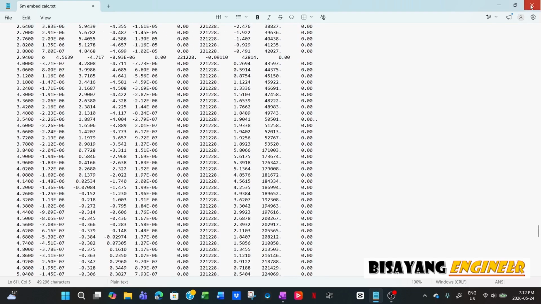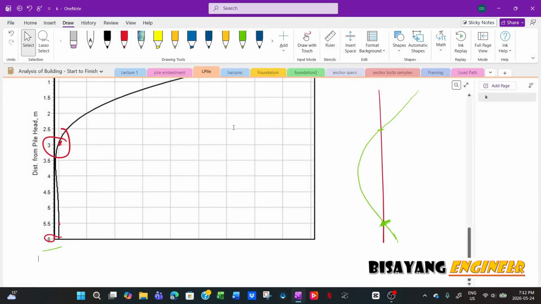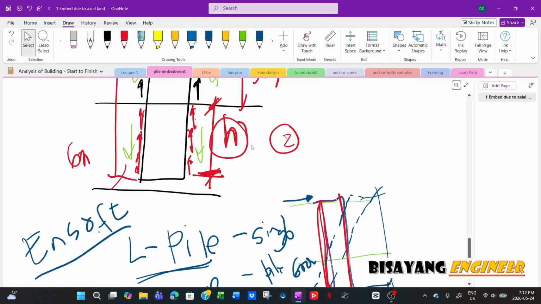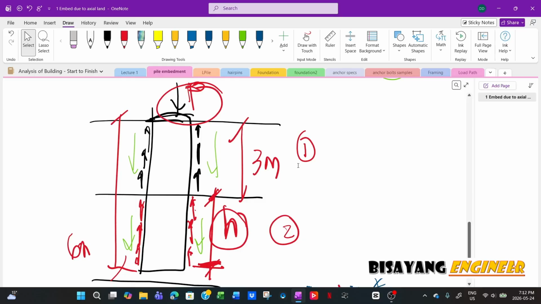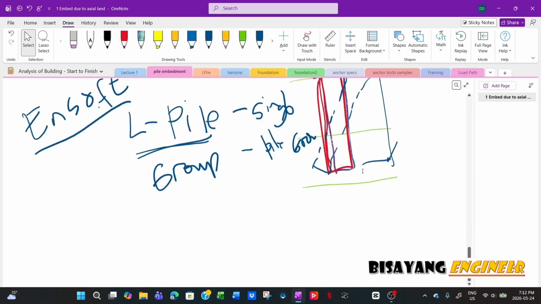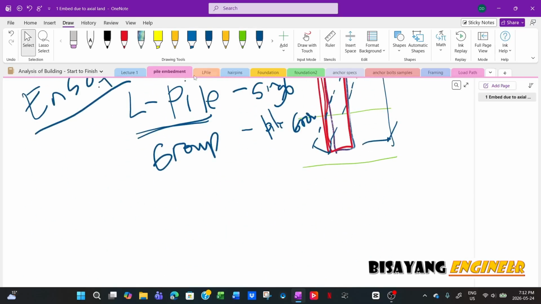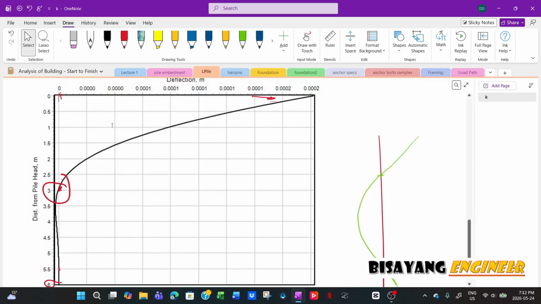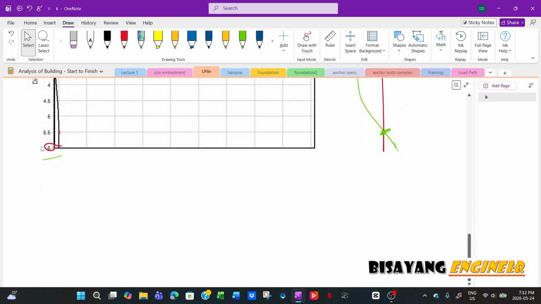So for compression only, you have this calculation, and for a laterally loaded pile, you will use this graph to determine the minimum embedment. On this one, I would say 6 meters.